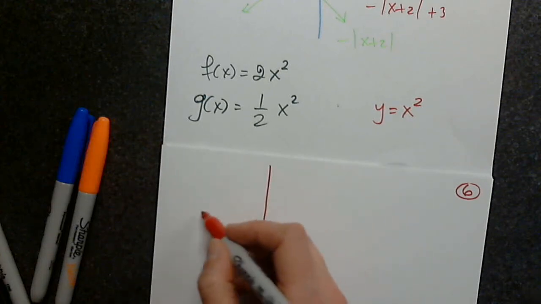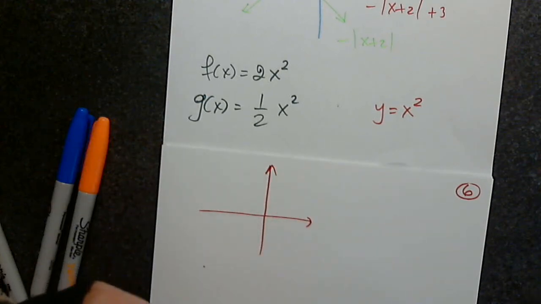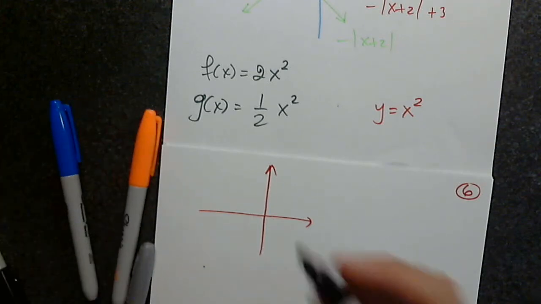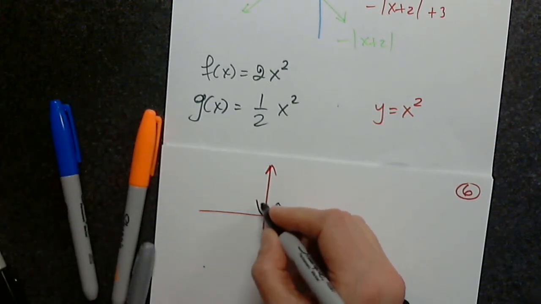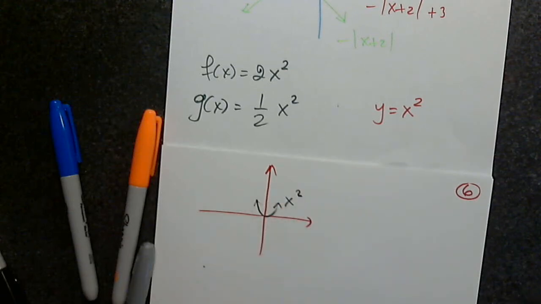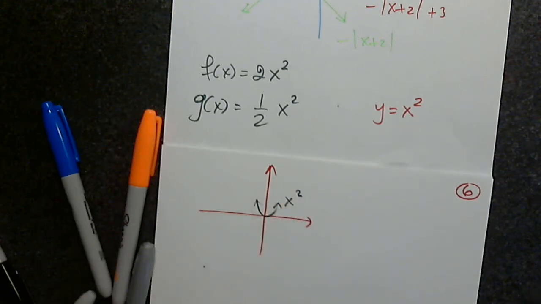Here's the graph of x squared. And now let's think about 2x squared. So this is the graph of x squared. Is this a transformation on x or on y?